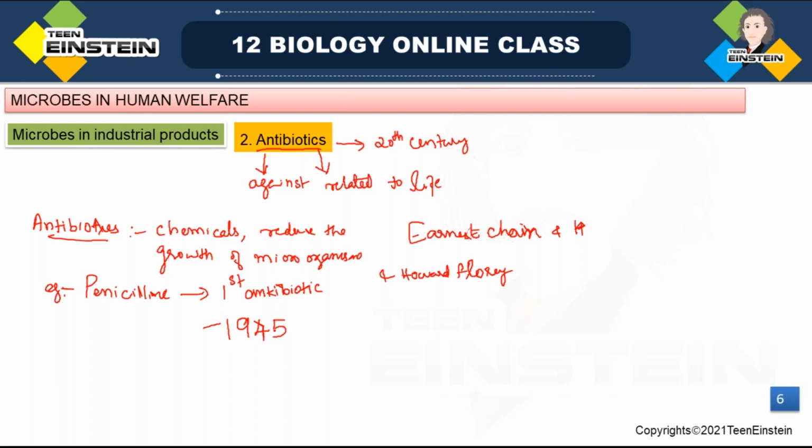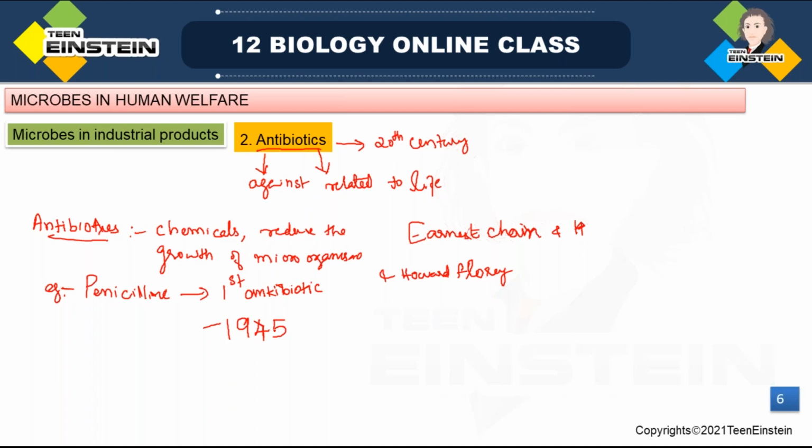Penicillin is a commonly used antibiotic, discovered by Alexander Fleming. During another experiment, he was conducting studies on Staphylococcus bacteria, and he kept some unwashed culture plates, in which they observed some other mold growing. Around that mold, the Staphylococcus was not growing.